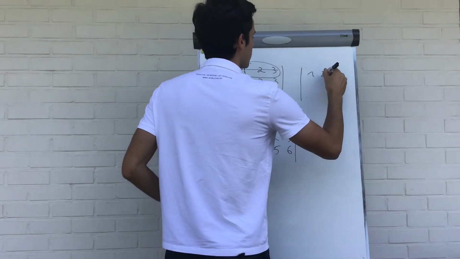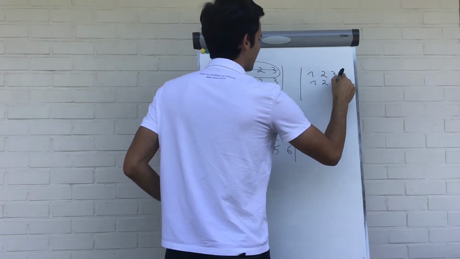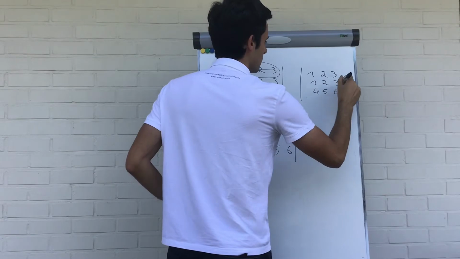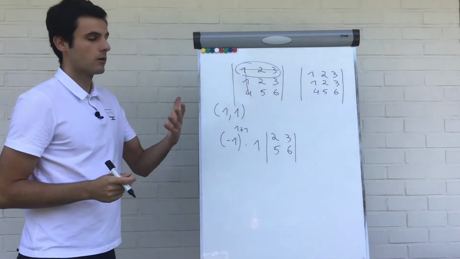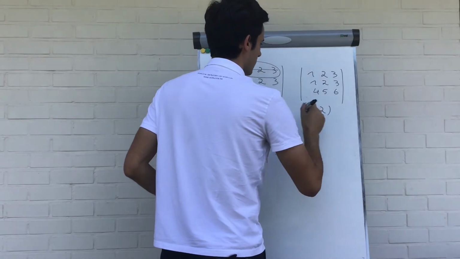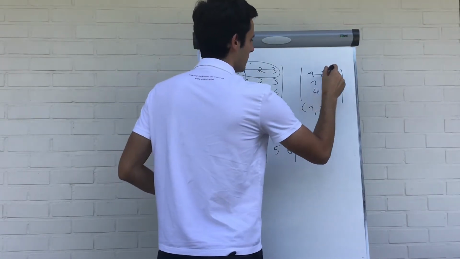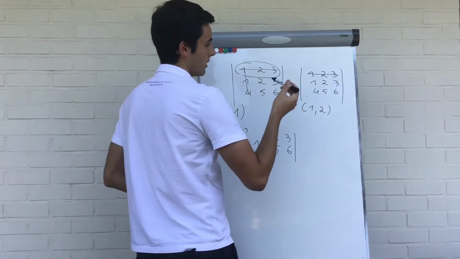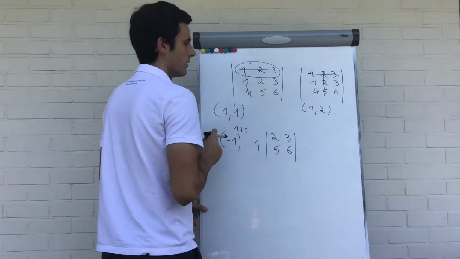For the second element, so the second element has row number 1, column number 2. So we're going to remove row 1 and column 2.